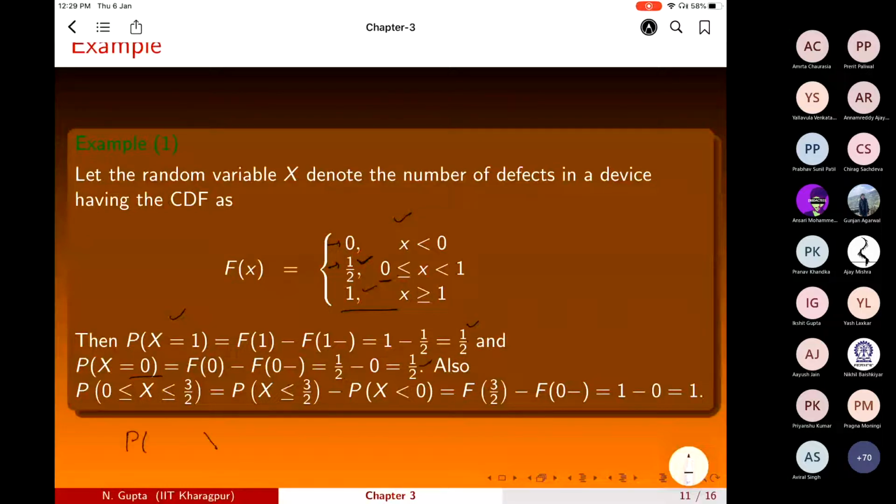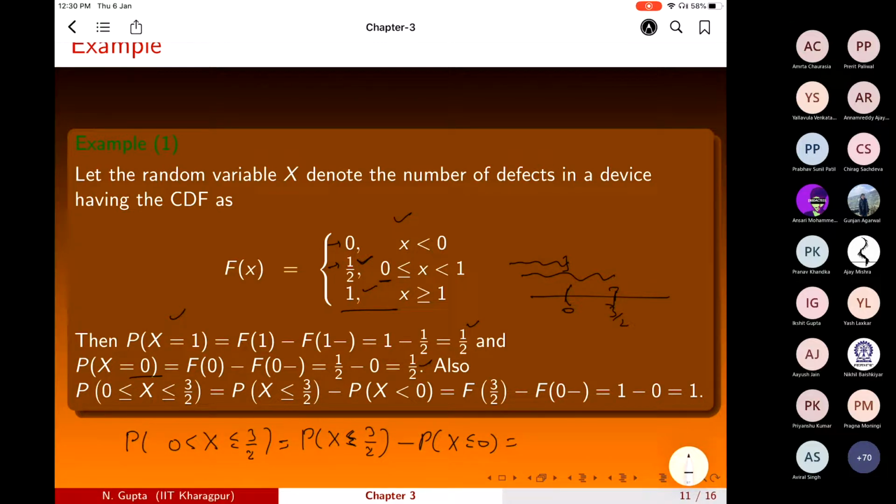Let us find out what is the probability that x is greater than 0 and less than or equal to 3 by 2. This is probability x is less than or equal to 3 by 2 minus probability x is less than or equal to 0. You can just easily see that this is 0, this is 3 by 2. Open here, close here. So this will be x less than or equal to 3 by 2 minus x less than or equal to 0, which gives open 0 to close 3 by 2.